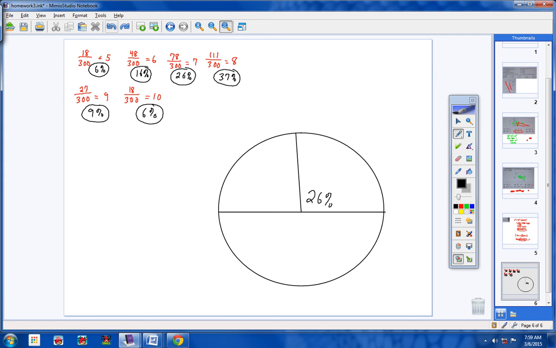So if I've got 26% of a circle, just take 360 degrees times 0.26, okay? You're taking 26% of means multiply 360 degrees. So 360 times 0.26 is 93.6. So the measure of this arc is 93.6 degrees, okay?